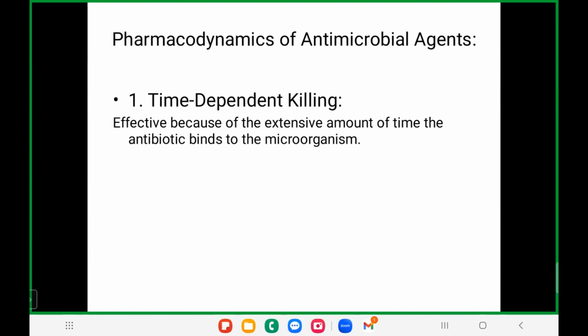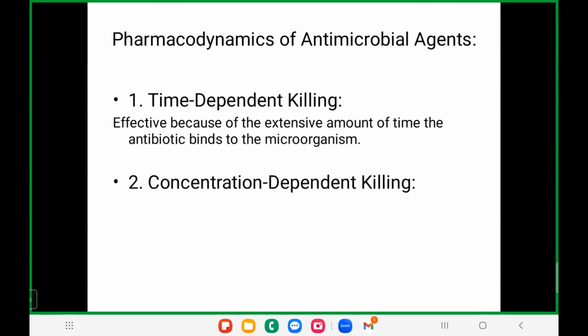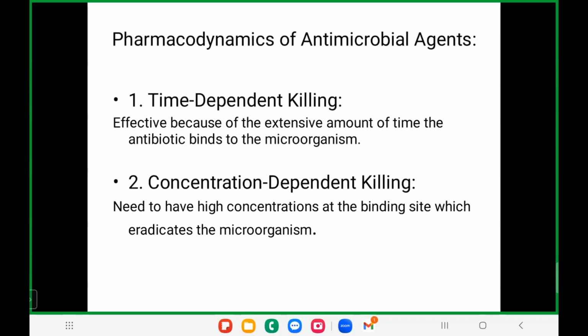There's a second group of antibiotics called concentration-dependent killing. They should have very high concentrations at the microorganism. They don't need time-dependent killing. Even if they stay for a very short time, if the concentration is very high, they achieve killing.